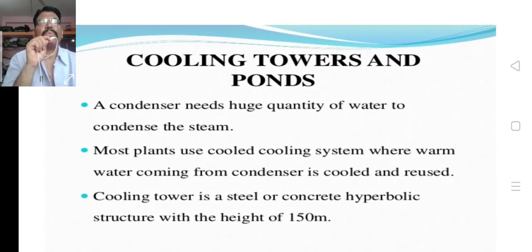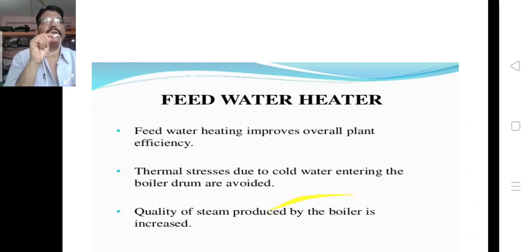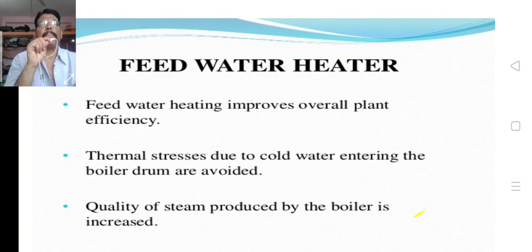Now the next equipment is cooling towers and ponds. A condenser needs a huge quantity of water to condense the steam. Most plants have a cooling system where warm water coming from the condenser is cooled and reused. A cooling tower is a steel or concrete hyperbolic structure with a height of around 150 meters.